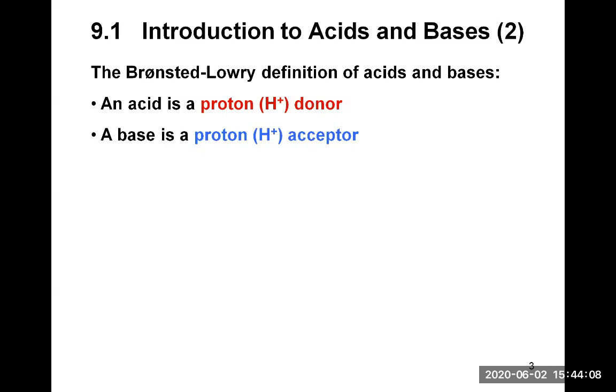It doesn't even have a neutron. So that's why it's called a proton when it's the hydrogen atom without an electron. The positive charge comes from the fact that you have removed an electron. So H+ is called a proton because that's basically what it is. So an acid is a proton donor and a base is a proton acceptor.